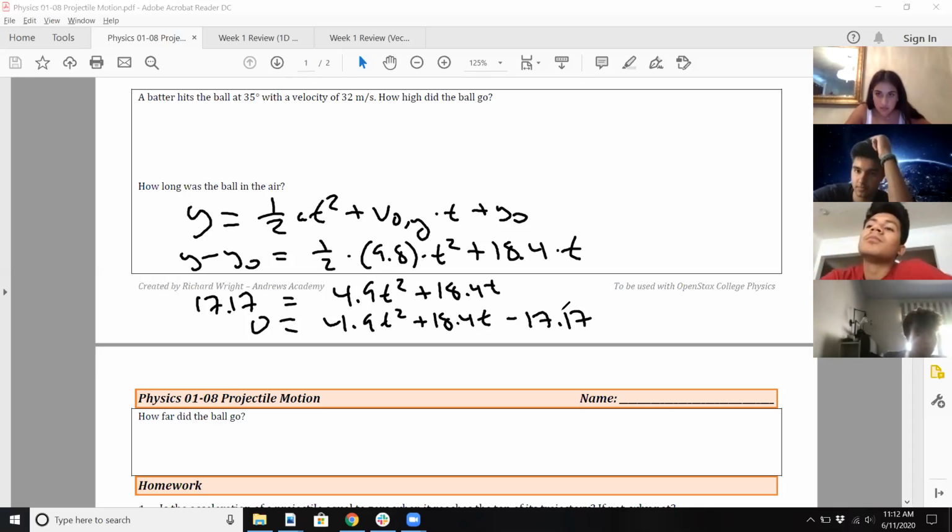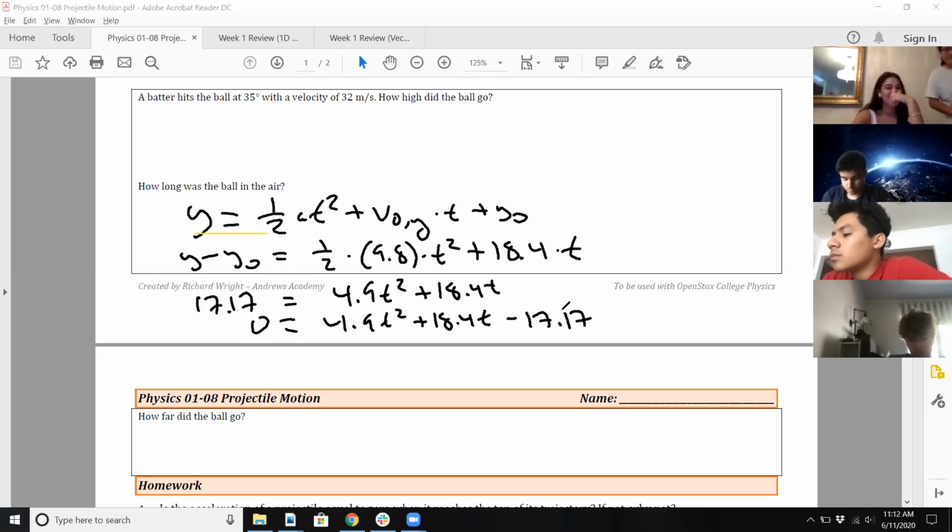Yeah. So this time, actually, if you solve this, there's nothing wrong with that. Actually, you know what? I'm just going to do that because I'm just curious to see what I get. So you actually don't erase what you just wrote. I mean, you're still fine. But remember, I'm actually solving for the time it takes to get to its peak. So 4.9, 18.4, negative 17.17.